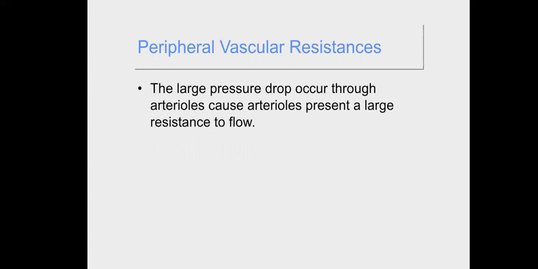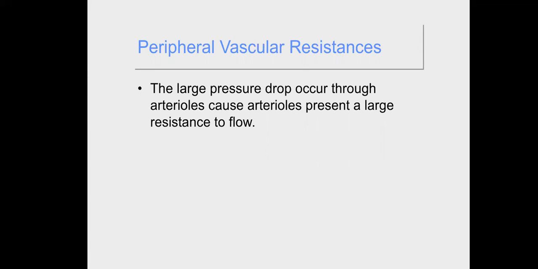The overall vascular resistance of the organ must equal the sum of the resistance of the consecutive vascular segments, which is the resistance of the arteries, arterioles, capillaries, venules, and the veins. So when we are talking about the resistance in a specific organ, we are talking about the resistance in the arteries supplying this organ, and the arterioles, capillaries, venules, and the veins.